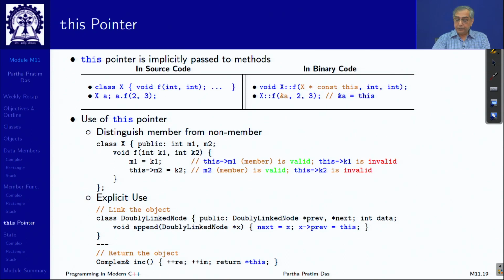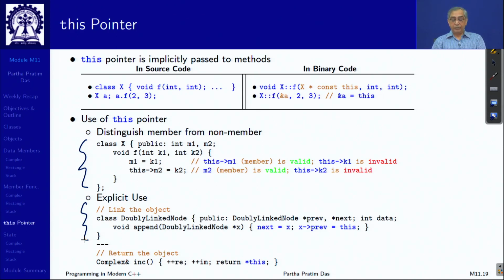So, this pointer can be used to distinguish members from non-members, as you have already seen, and in some cases you really need to use it, because without that it is not possible to write the code.